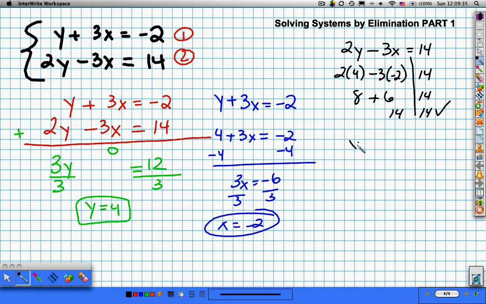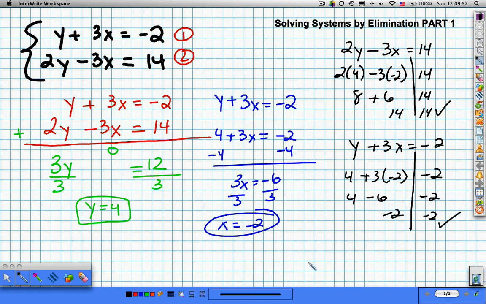Let's test the other one real quick. Again, y was 4, x was negative 2, 3 times that is going to be negative 6, 4 minus 6 is negative 2. So our solution does work, and our solution was negative 2, 4. Remember to write your answer as an ordered pair.